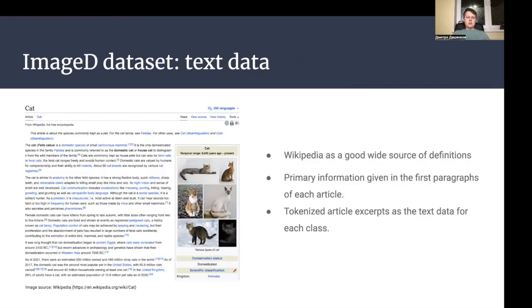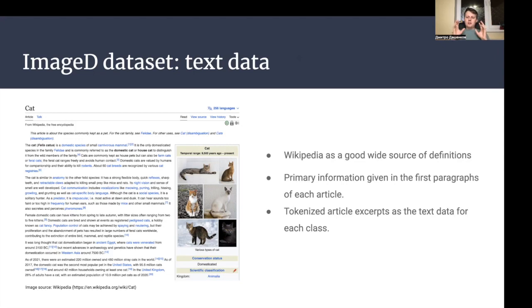Text data is sourced from Wikipedia. In particular, we take the name of the class of the label assigned to a certain image, and we take either the exact match or the closest match of a Wikipedia article for that name. For example, for the label cat, we do have a Wikipedia article called cat, so that's what we're taking.